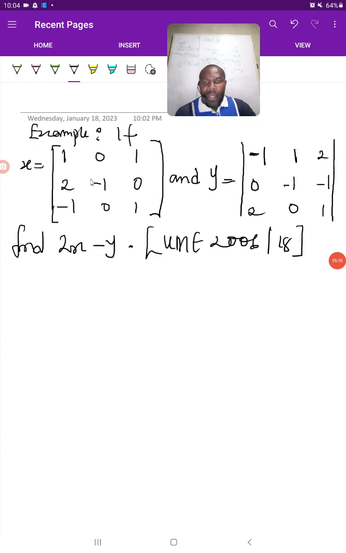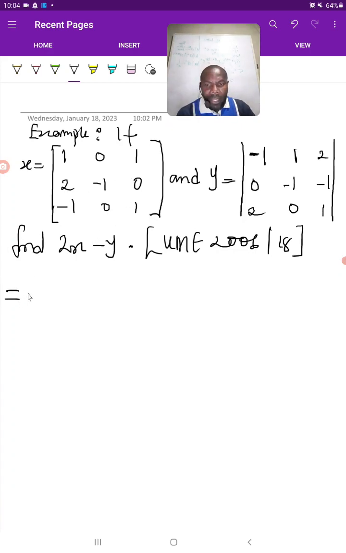So this is an example. He said X is 1, 0, 1 and gives all the elements here. He said find 2X minus Y. So this is an example of scalar product in matrix. If you have to solve this, it is very simple.